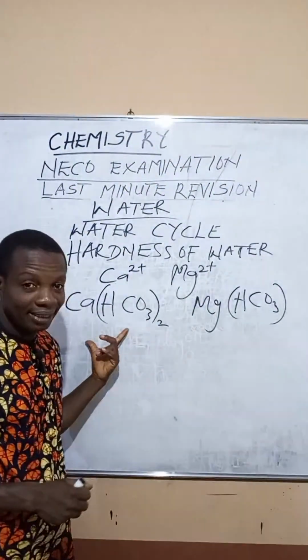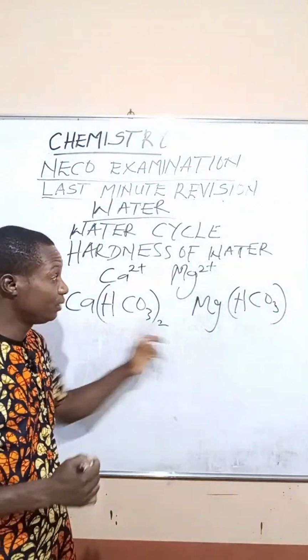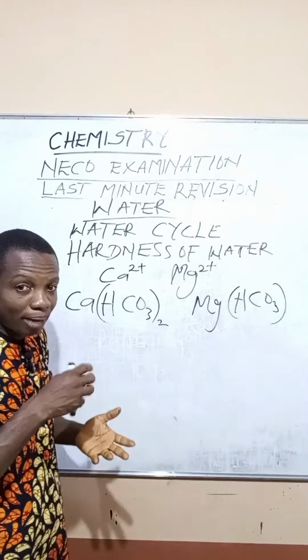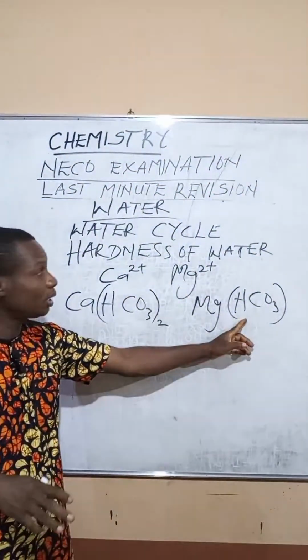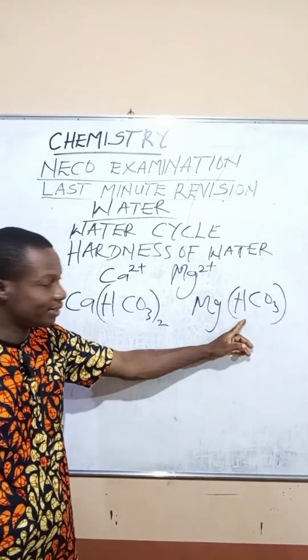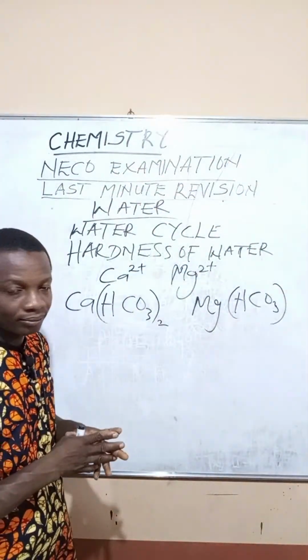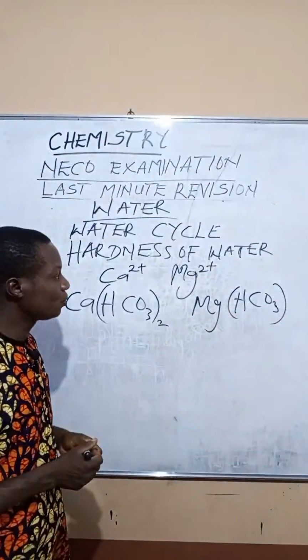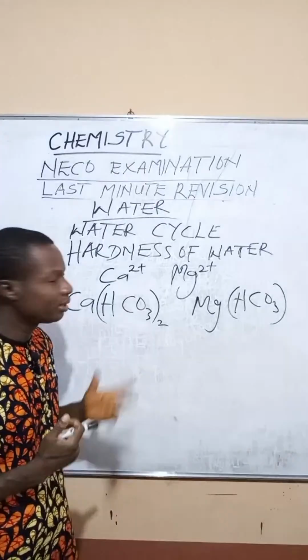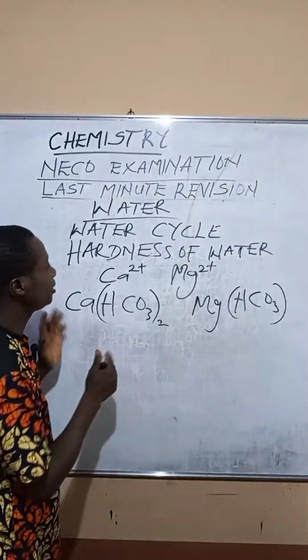If it's temporary hardness, then ordinary boiling will remove it. But if it's permanent hardness, boiling cannot remove that kind of hardness. So you have to use some chemicals, like soft soda, and other methods that can be used for removing the hardness.